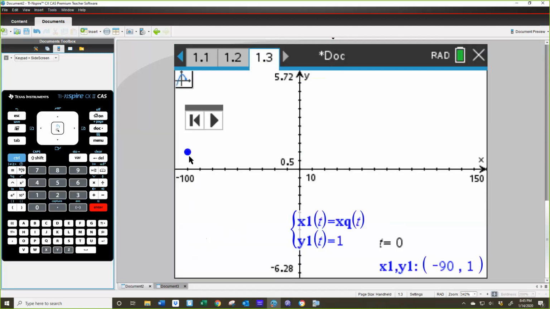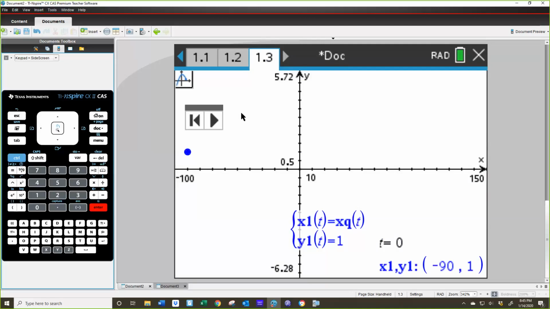That is, it's supposed to be at negative 90. It's kind of large, so I think it's just a little teeny bit off. But if I start the animate, now what I should see is a particle moving only to the right. But if you recall from the graph that we had, it was concave down, and it had a maximum.